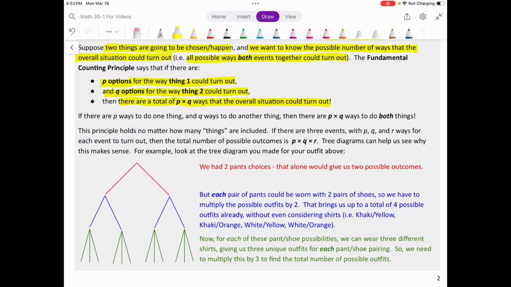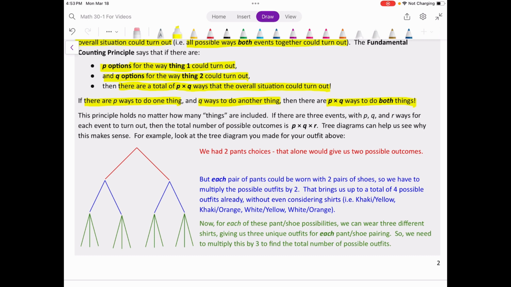In other words, if there's P ways to do one thing and Q ways to do another thing, there's going to be P times Q ways to do both things, right? Again, if there's 2 pants to choose from and 3 shirts to choose from, all we're saying is that there's going to be 6 ways to choose pants and a shirt. Okay, 2 options for pants, 3 options for shirts, 2 times 3 is 6.